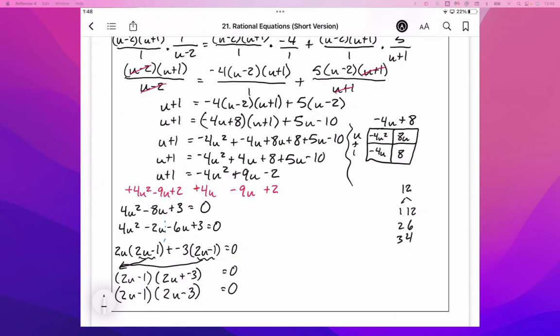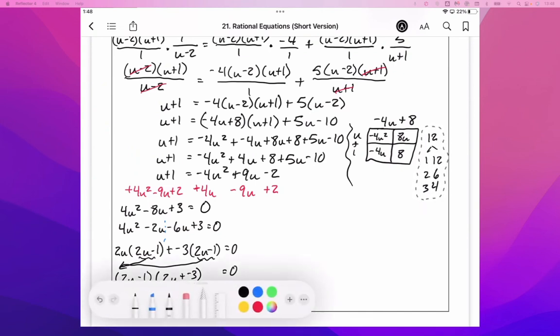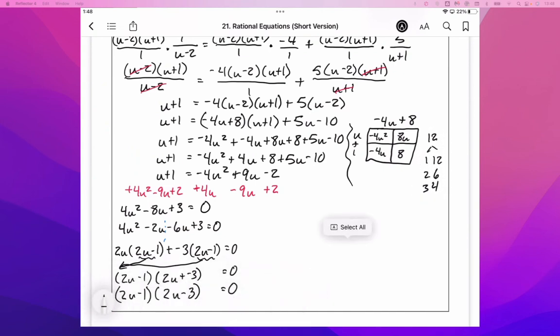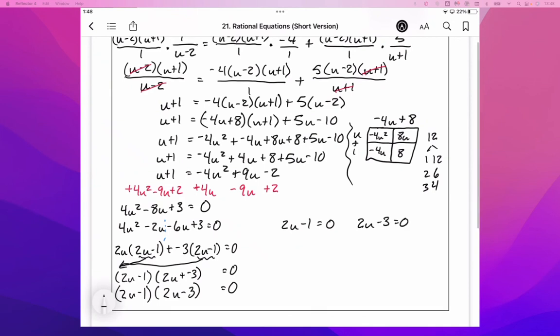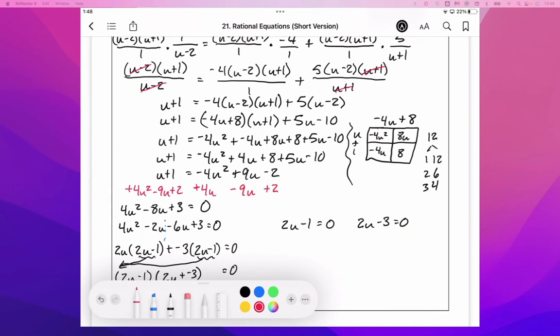So as with things we've done before, if either one of those is equal to 0, the whole thing will be equal to 0 because they are being multiplied by each other. So I'm going to go ahead and bop those over to the side there. So we've got 2u minus 1 is equal to 0. If that's true, the whole thing is equal to 0. And 2u minus 3 equals 0. Again, if that's equal to 0, the whole thing is equal to 0.